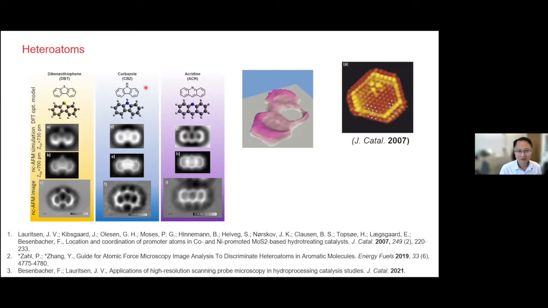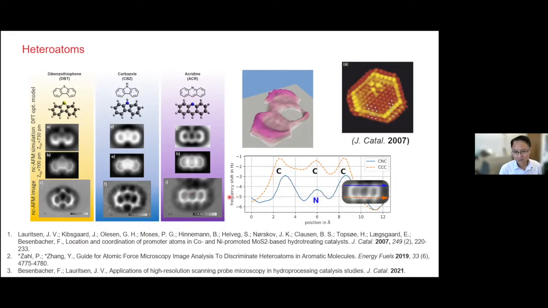And also nitrogen-containing compounds are known as catalyst poisons. So we need to figure out the presence of nitrogen and whether it is present or not in the unknown structure. So we figured out certain rules, the guiding principles, to predict when there is a nitrogen in the unknown structure.